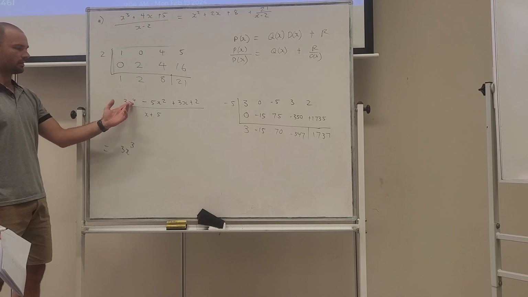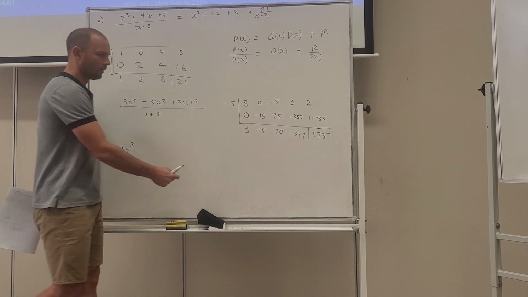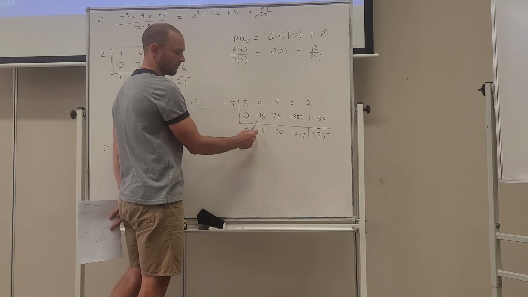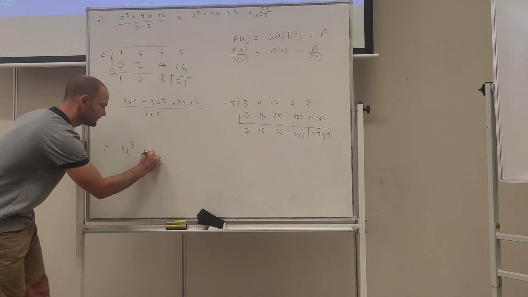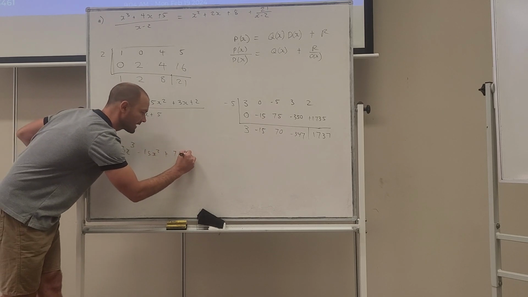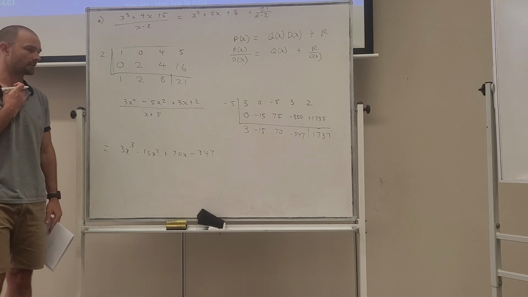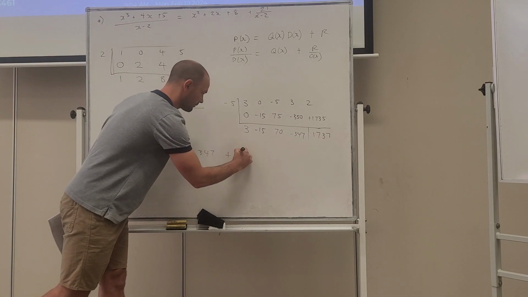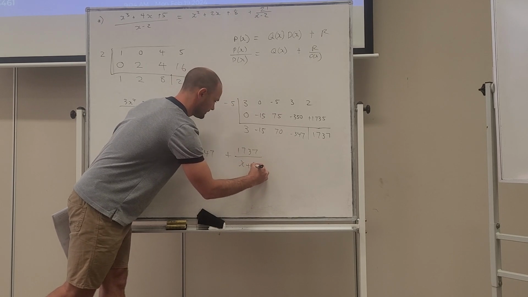So it's just x to the 4 divided by x gives you x to the 3. That's how we're getting that. Also, there's 4 terms, right? So x to the 3, x squared, x, and the constant. So we have 3x to the 3, take 15x squared, plus 70x, take 347. So just taking those numbers, putting the respective power of x on top, and then we have our remainder, 1737, all on top of the divisor, which is x plus 5.